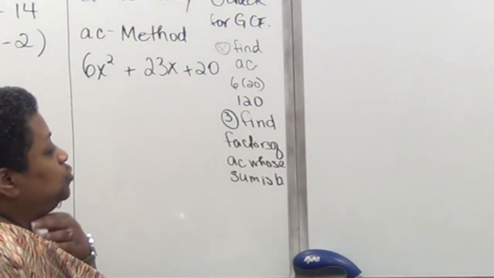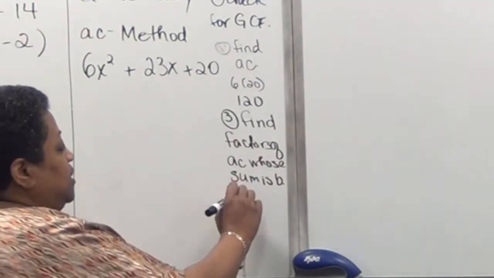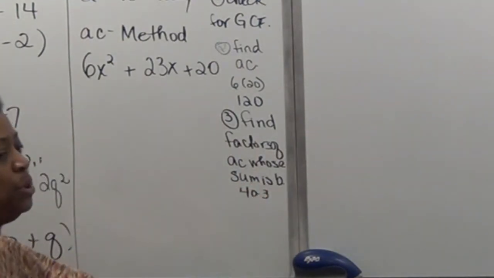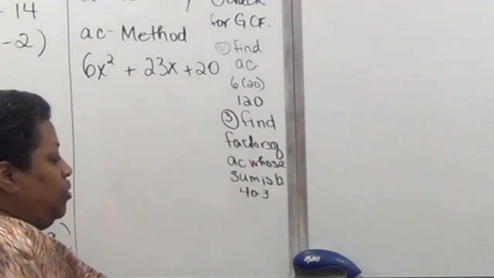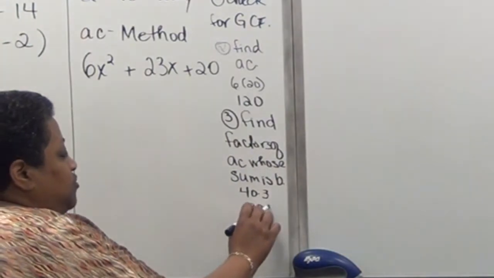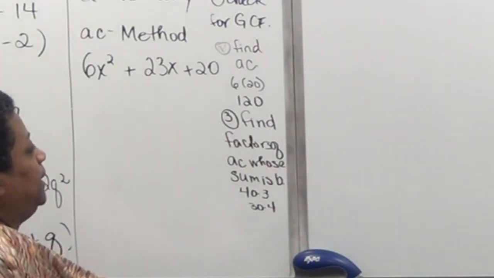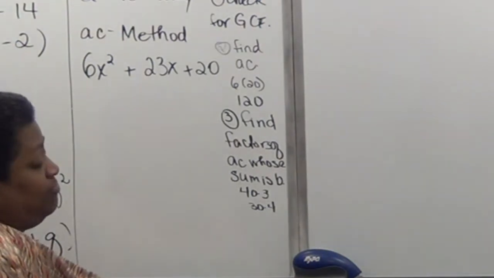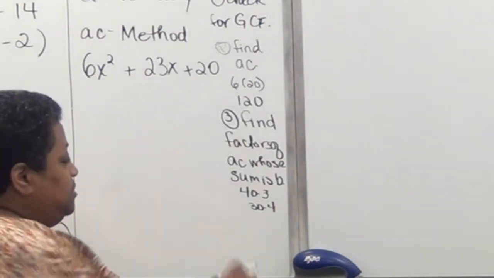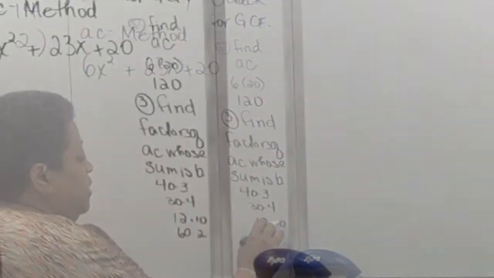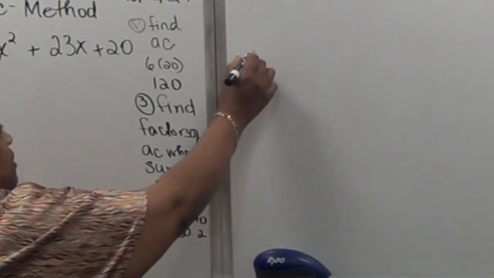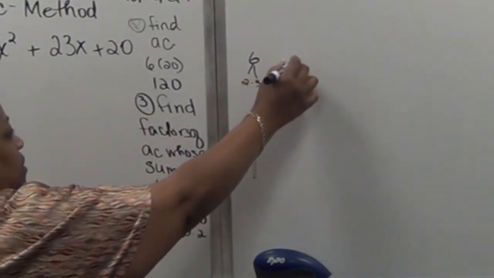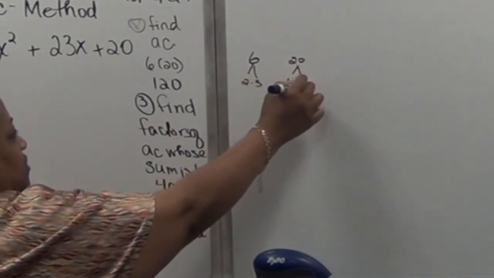40 times 3. Okay, what else? 30 times 4. 12 times 10. Let me show you something. 6 is 2 times 3, right? 20 is 4 times 5.